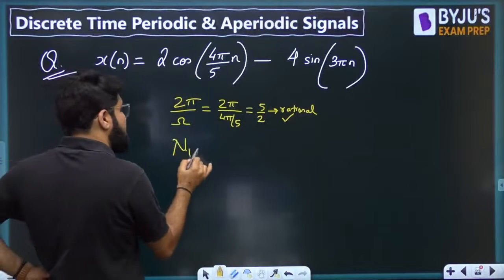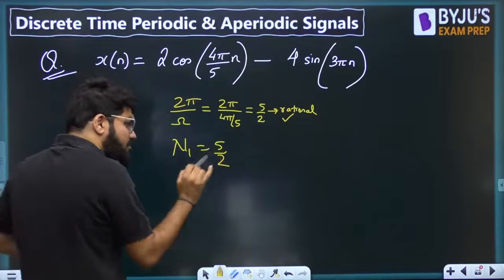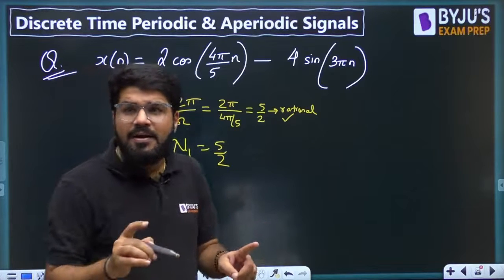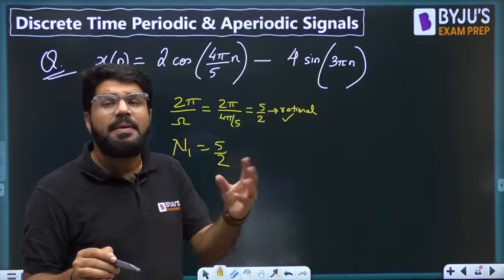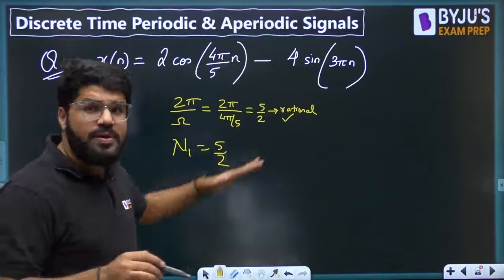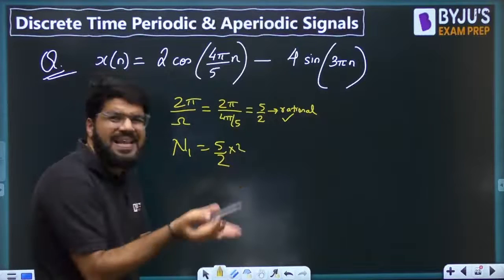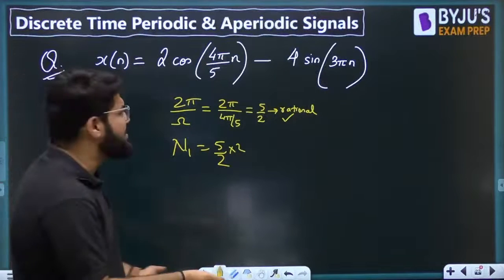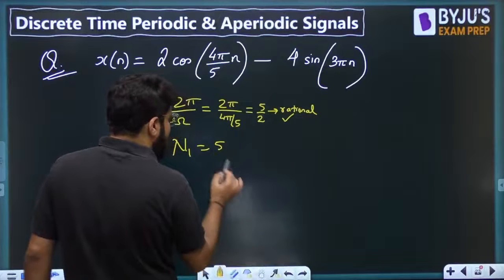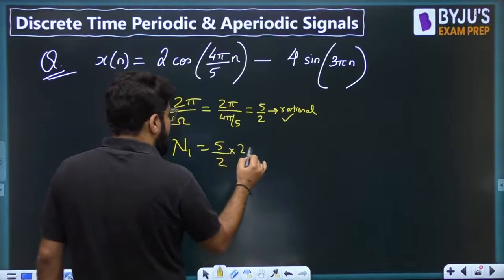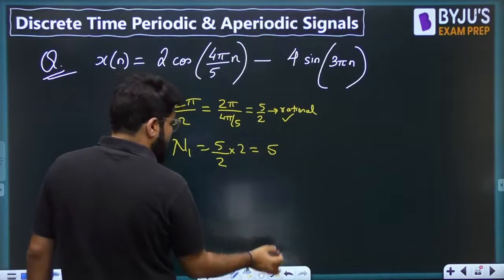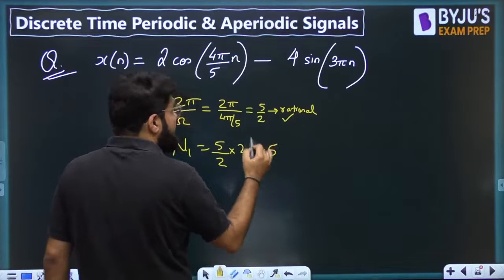So what is the time period? It cannot be 5 by 2, but multiply by the denominator so that it converts to an integer. 5 by 2 into 2, the time period will be 5.